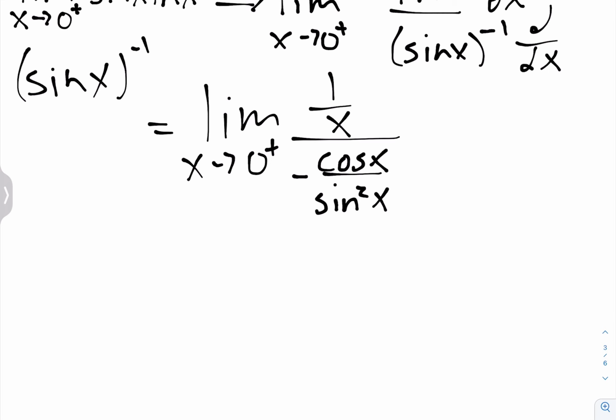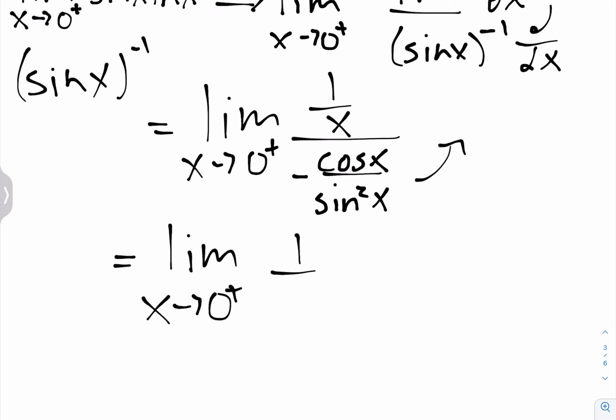Okay, so we can rewrite this as the limit as x approaches 0 from the positive direction, right? And we can rewrite this when we flip it, right? We bring the bottom out, flip it, and multiply. We're going to get 1 over x times negative sine squared x over cos x.